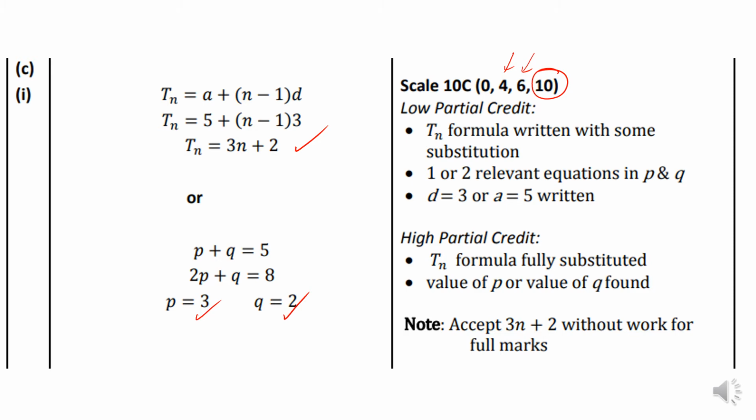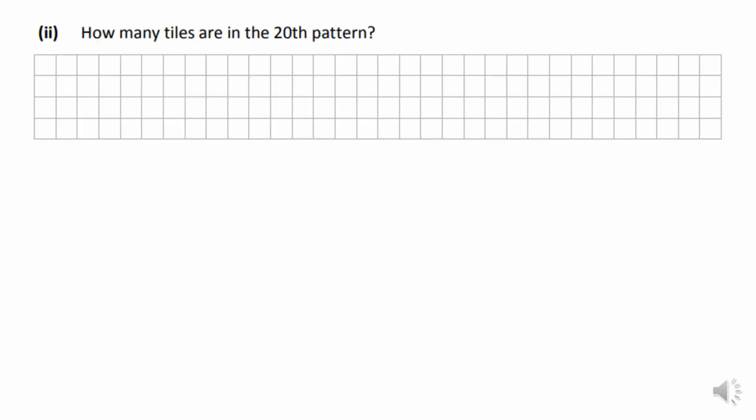So always write your formula and then attempt to put in some numbers. Or if you write down the values of A and D, you'll get 4 out of 10. High partial credit, which is 6 out of 10, if you fully substitute numbers into the Tn formula, or if you get one of P or Q but not both.